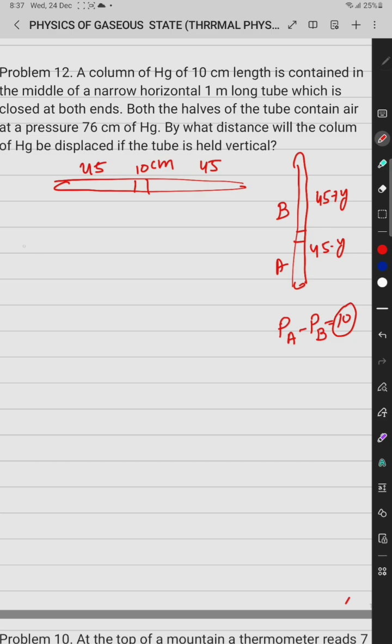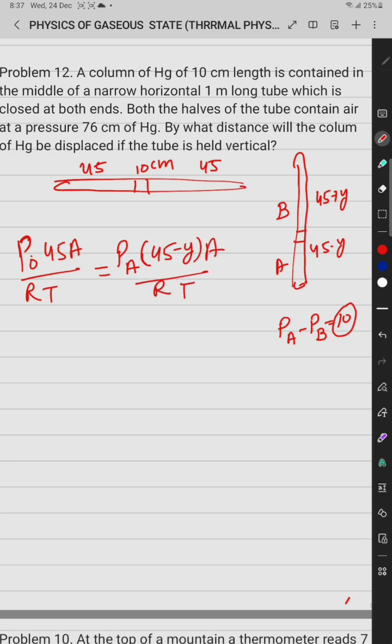First of all, if the P initially atmospheric pressure है P naught, 45 into area by R into T, temperature same रह रहा है यहाँ, then PA is 45 minus Y into area upon R into T, and that is equal to pressure of the B into 45 plus Y into area upon R into T.